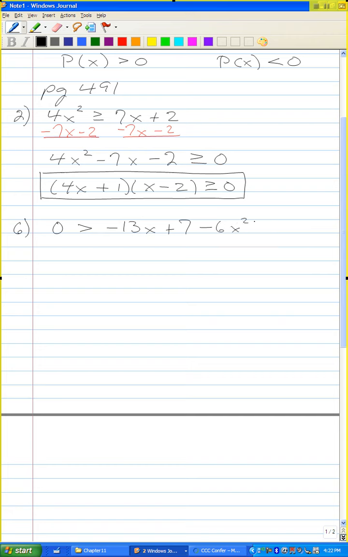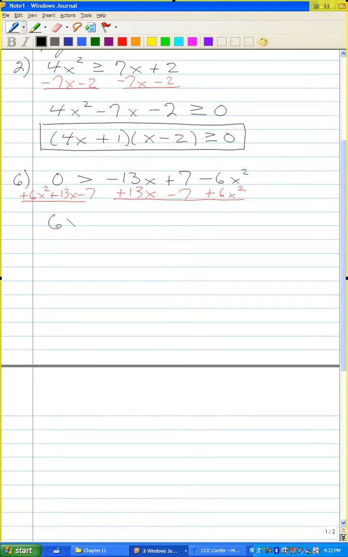Now, I want the right-hand side to be 0, so since I have a minus in front of the x squared, I'll add 6x squared and 13x and subtract 7 from both sides of my inequality. So I have 6x squared plus 13x minus 7 is greater than 0.